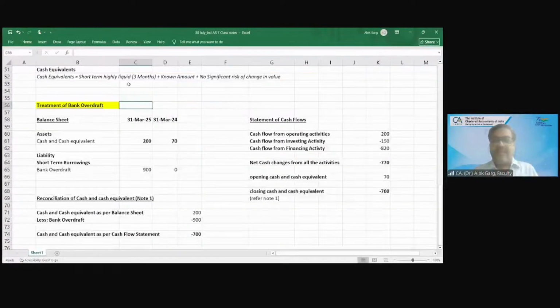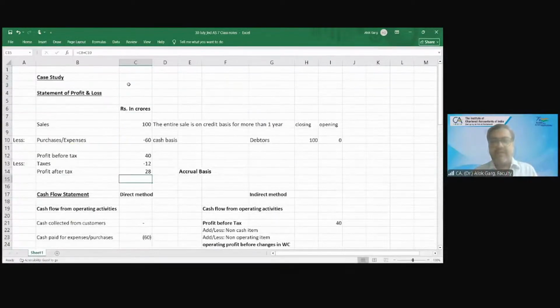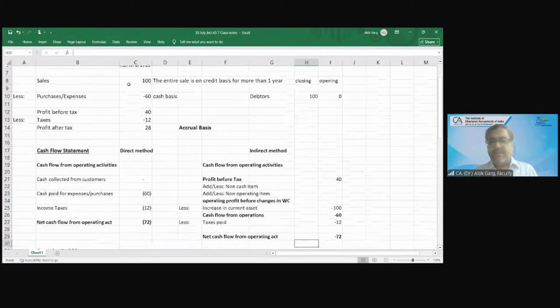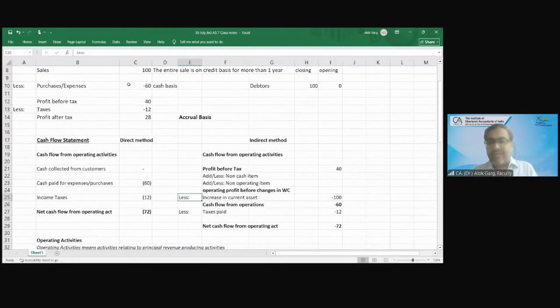You remember my first question on this Excel file. I showed you both direct method and indirect method. What we did, we have an increase in current asset, increase in debtors. We have made it negative. That's how we arrived at a negative 60 of cash flow from operations, which is evident from the direct method also.